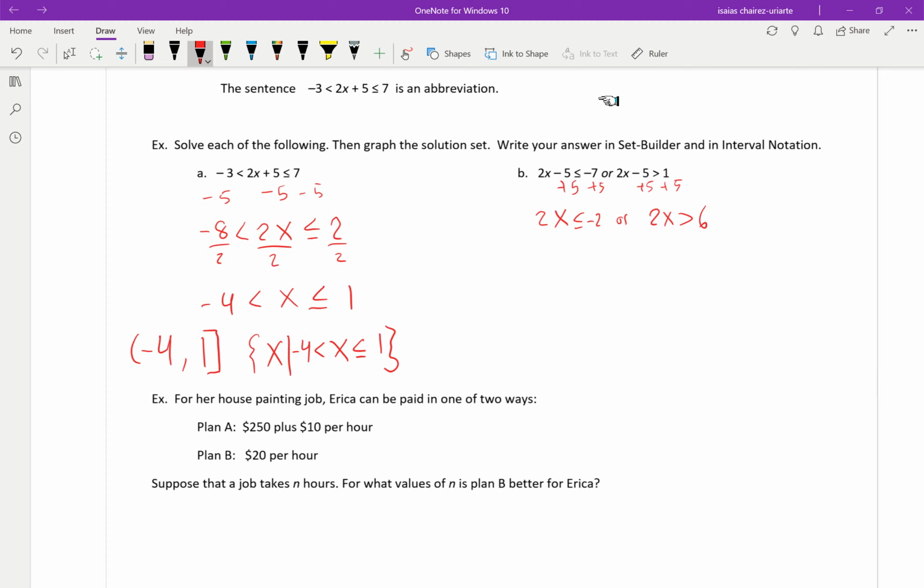Then I'm going to divide both of these inequalities by 2. So x is less than or equal to negative 1, or x is bigger than 3.